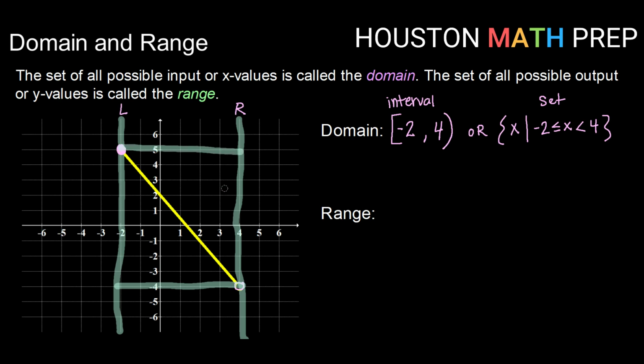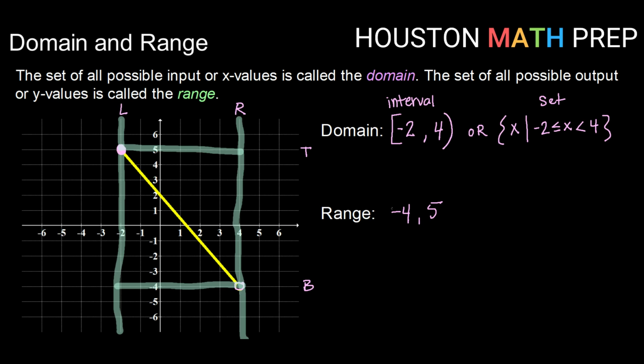In this case, 5. So again, I move from bottom to top, or least to greatest, and I again can give my answer in interval notation. So that would be -4 to 5.